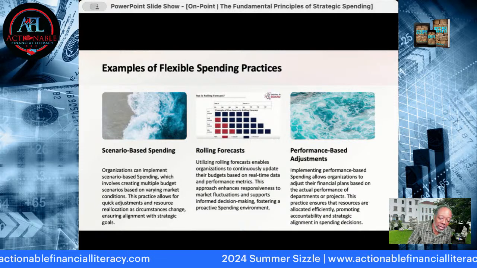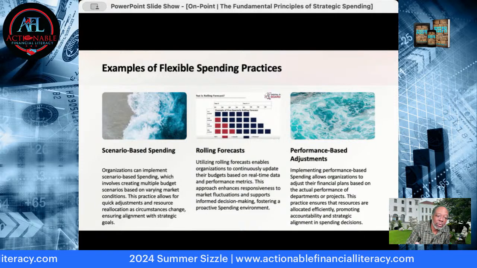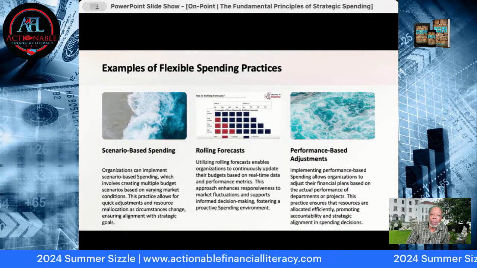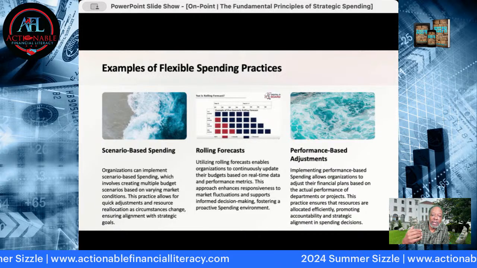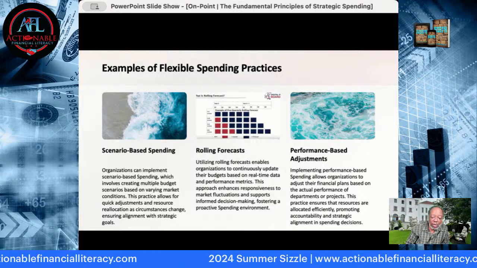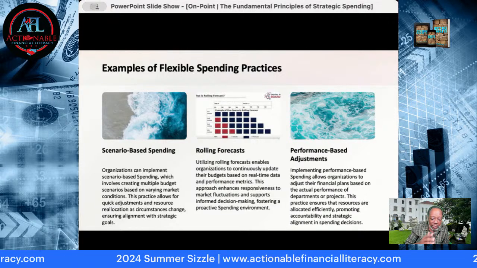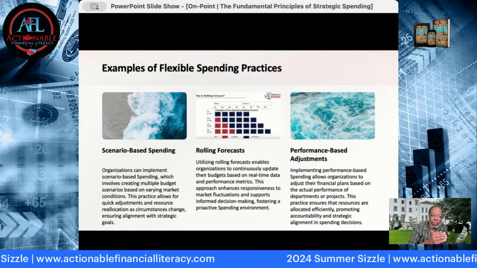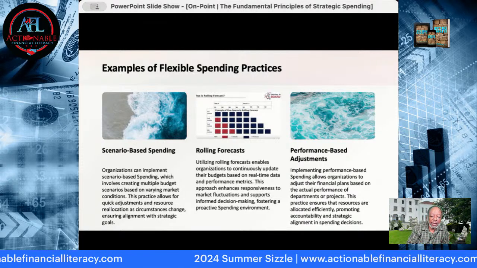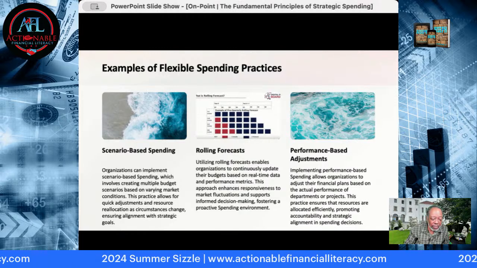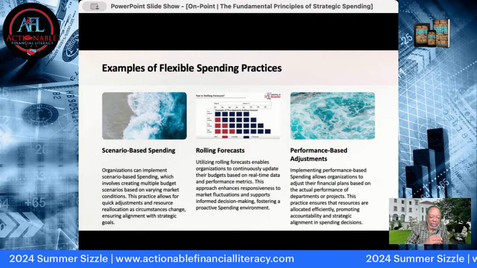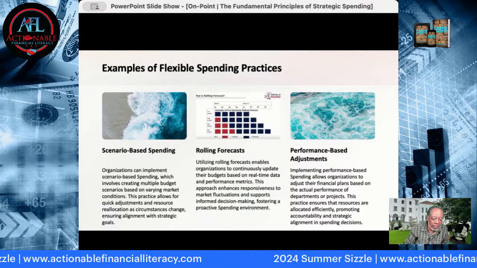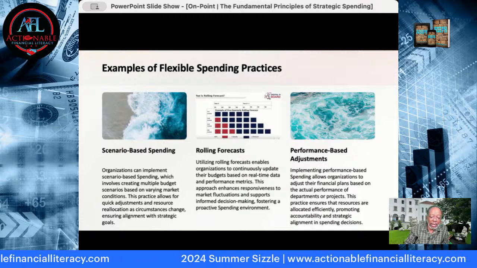So performance based could be getting something in that field that'll help you monitor your intake of water or the type of water that you intake. So different things like that. Performance based, you look at those, making those adjustments to help you better prepare yourself in business. So you identify different examples of flexible spending practices.